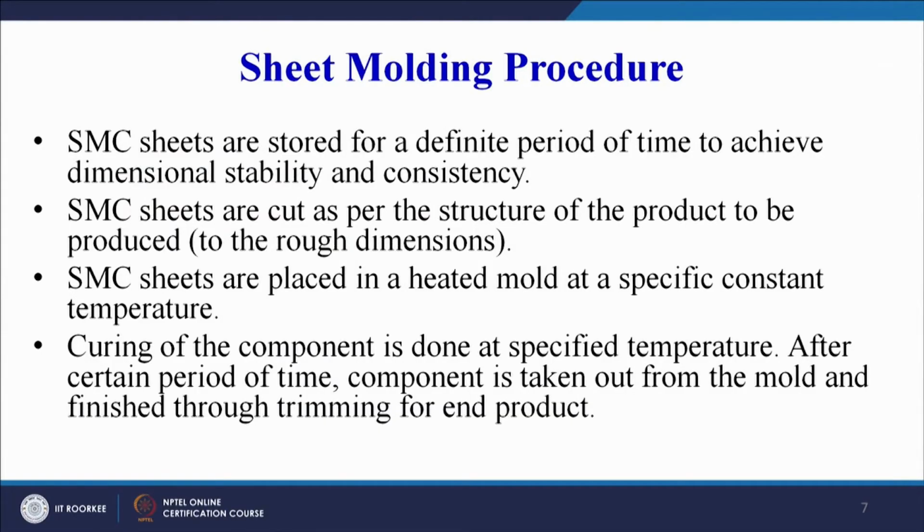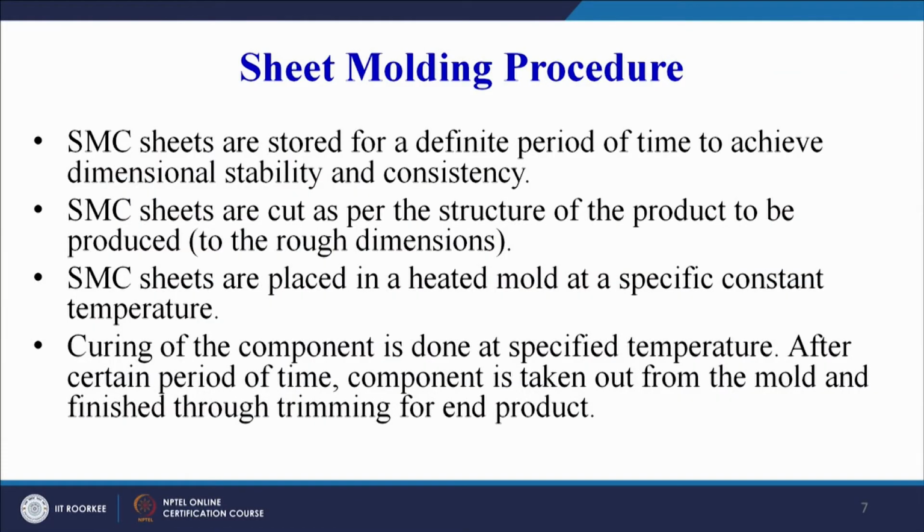So we have to see what is the thermal cycle to which we are going to subject our SMC compound. So the curing of the component is done at a specified temperature. After a certain period of time, the component is taken out from the mold and finished through trimming for the end product.